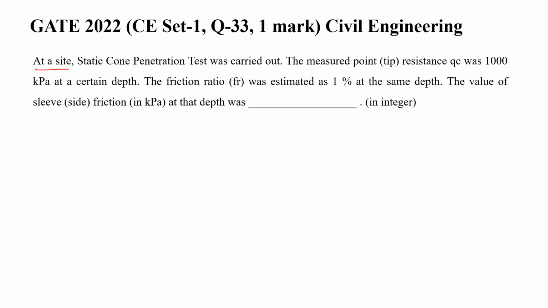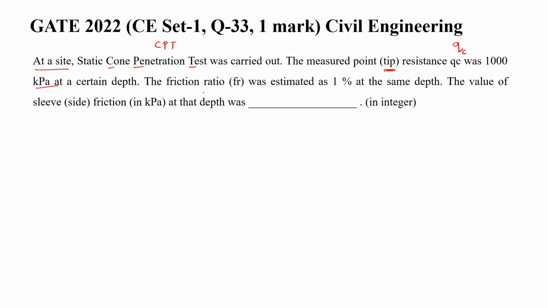In a site, a static cone penetration test was carried out. It is simply called CPT. The measured point resistance, also called tip resistance, QC, was 1000 kPa at a certain depth.